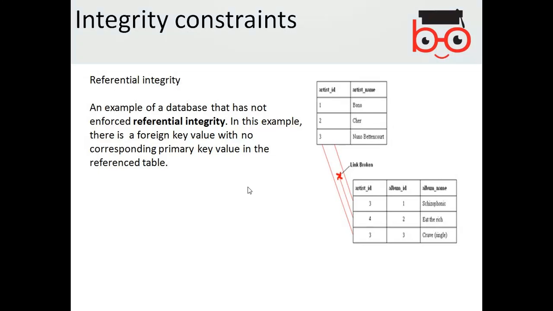If the referential integrity is enforced, then what should have been the case? 1, 2, 3, then either 1 should have been here in all 3 columns, 2 should have been here in all 3 columns, 3 should have been in all 3 columns, or 1, 2, 3 and 1, 2, 3 would have been repeated here, and there should not have been any broken link.